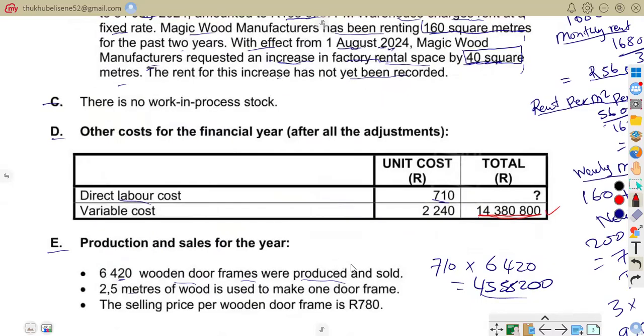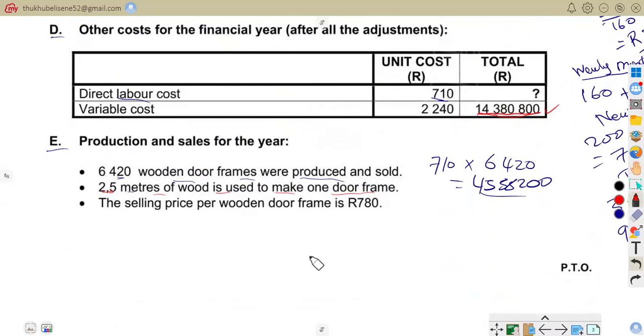This is the materials you issued, 16,570. And we have the information again here where it says 2.5 meters of wood is used to make one door frame. So we are going to say 16,570, the material that we issued, divided now by 2.5, because it says 2.5 meters of wood is used to make one door frame.